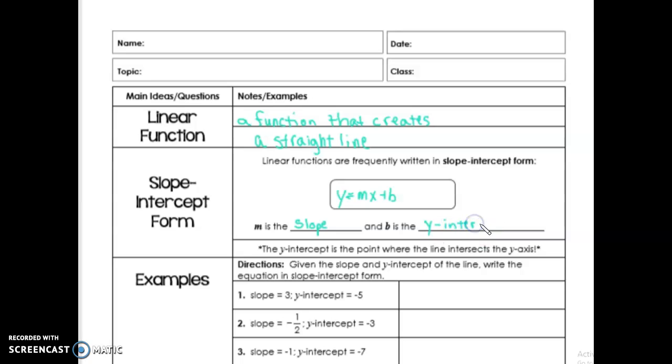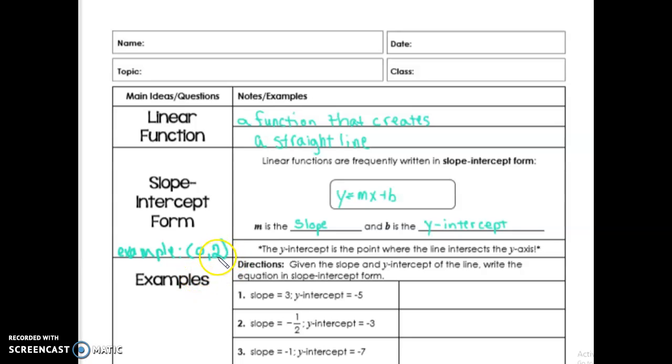This is where the line, if you were to draw it on the coordinate plane, intersects the y-axis. Your y-intercept is always going to have an x value of 0. So off to the side here, I just want you to jot down an example of what it would look like. So 0, 2.